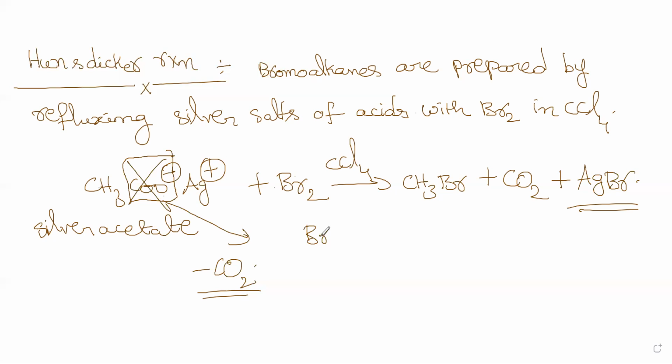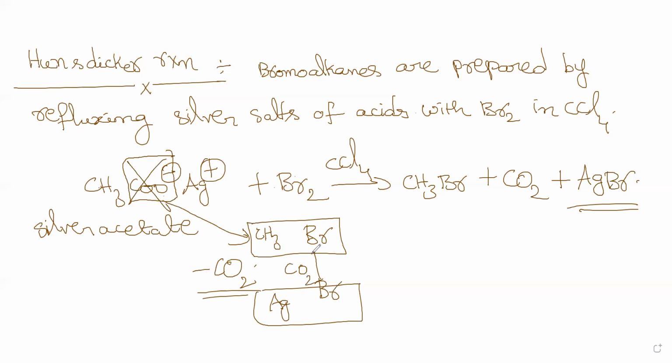This technique you have to remember. CH3, these two you couple, Ag and Br, these two you couple. In between CO2 is there, that is flying off. Like this, you can remember the reaction very easily. CO2 flies off, CH3Br gets connected, AgBr gets connected.